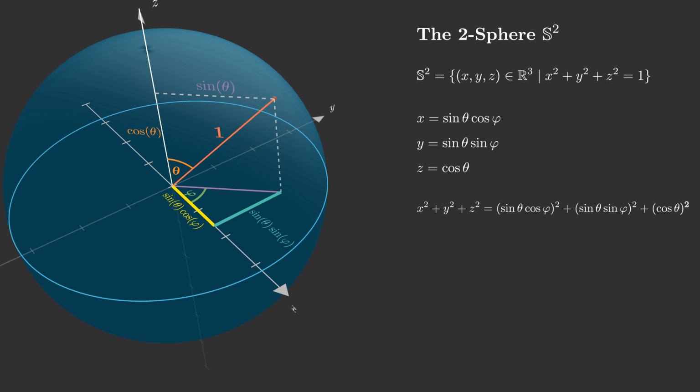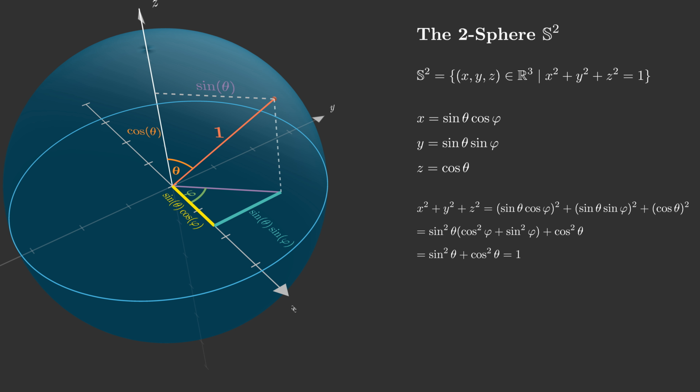Factoring out sine squared of theta, we get cosine squared of phi plus sine squared of phi in the brackets, which is 1. So what remains is sine squared of theta plus cosine squared of theta, which also equals 1. This proves that the constraint is indeed satisfied, and any point in this parameterization indeed lies on a unit sphere.